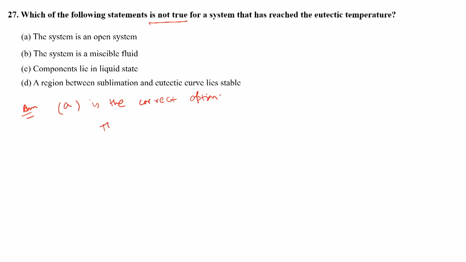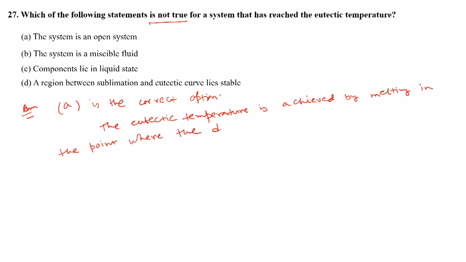The eutectic temperature is achieved by melting to the point where the density of the liquid state is equal to the density of the vapor state.